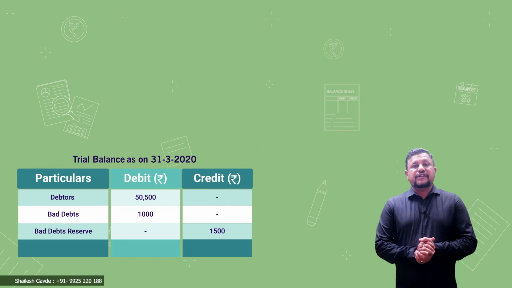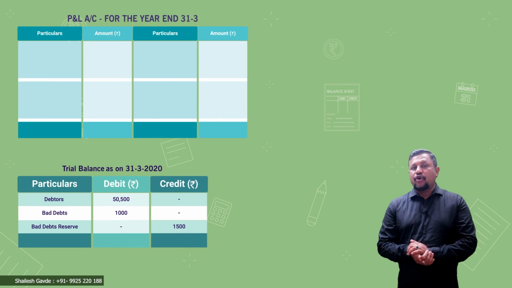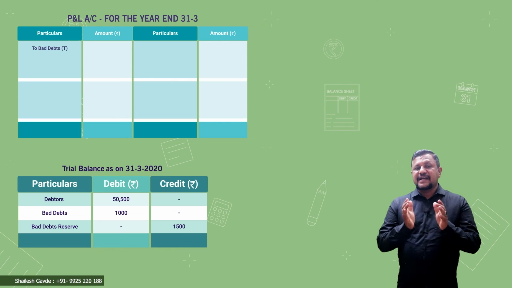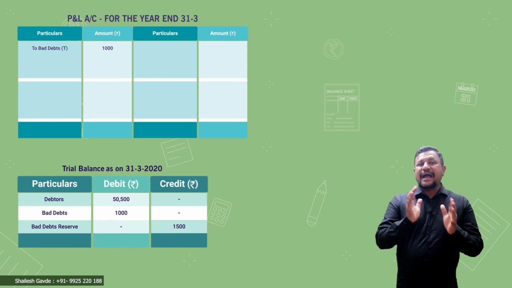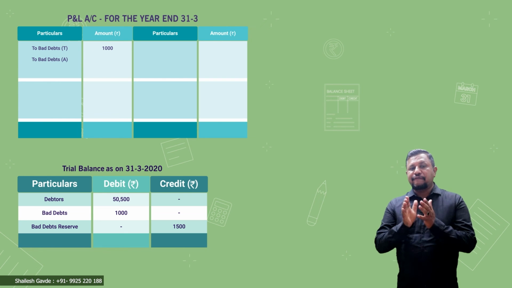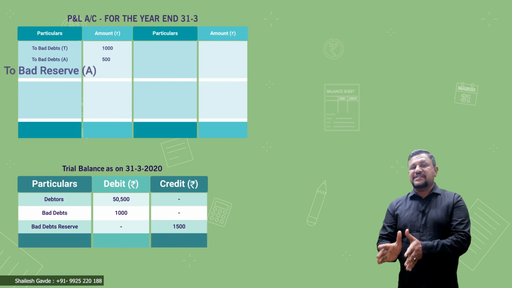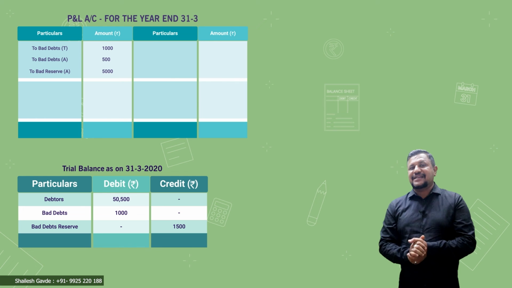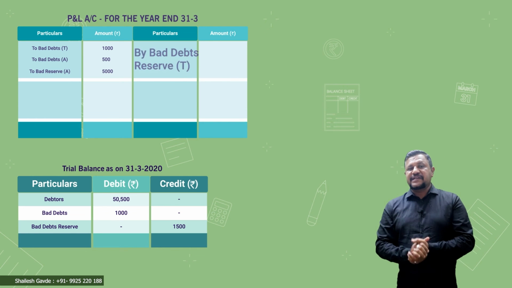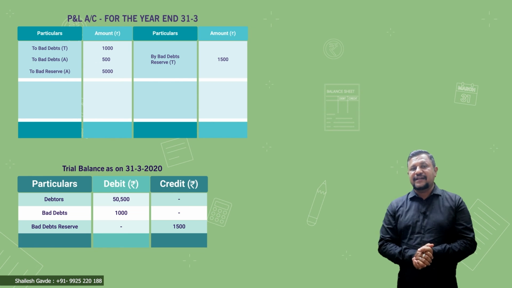Now if you refer your profit and loss account, it will appear like on debit side, to bad debts, trial balance 1000, to bad debts, adjustment 500, to bad debts reserve adjustment 5000, and on credit side, by bad debts reserve trial balance 1500.